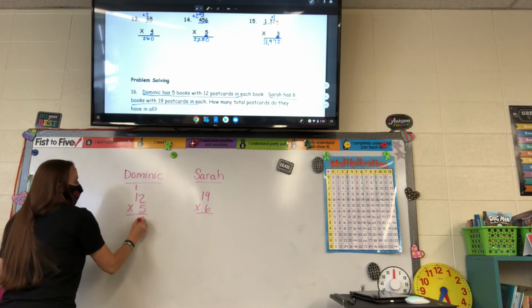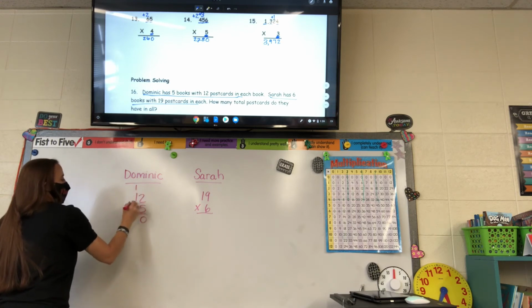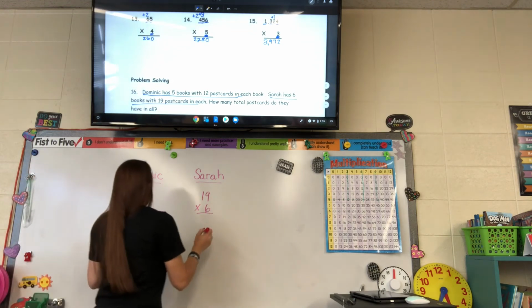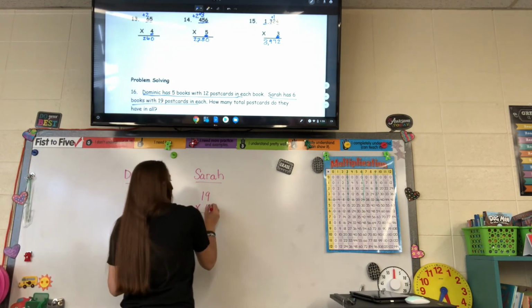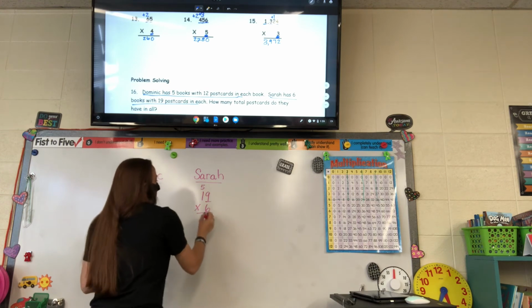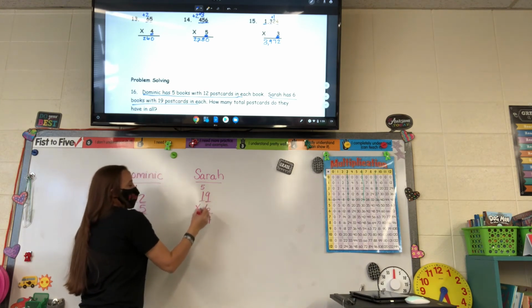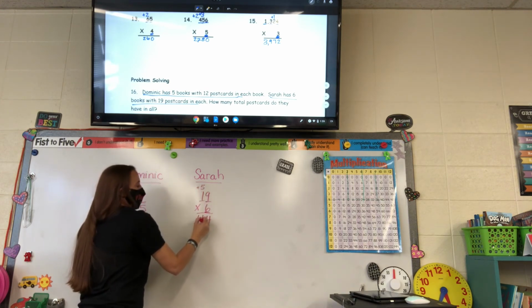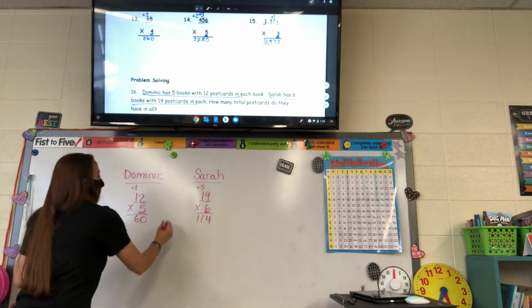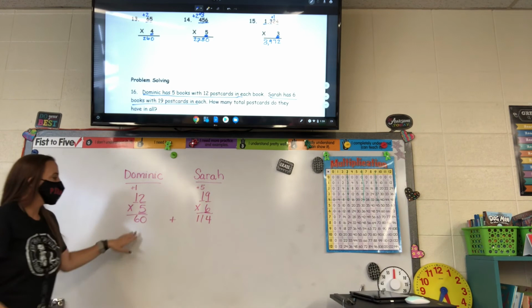Carry that 1, put down the 0. 5 times 1 is 5, plus 1 is 6. So Dominic has 60, and then 6 times 9 is 54. Carry the tens place, put down the ones place. 6 times 1 is 6, plus 5 is 11. So Sarah has 114, and like Ella said, now we've got to add those together.